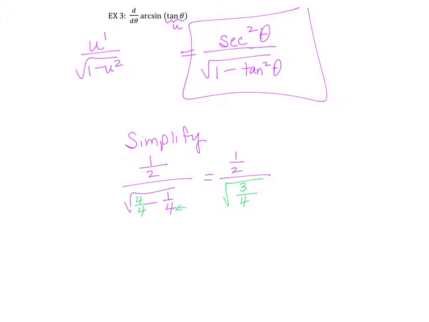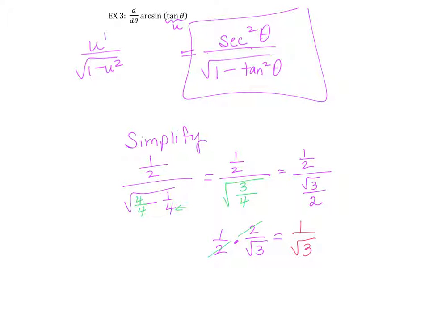Remember when you take the square root, you take the square root of the top and bottom. So I could take that square root on the bottom and write it like that. And if I did that, of course, then I would have 1/2 times the reciprocal, 2 over square root of 3. The 2's would cancel, and I would get 1 over square root of 3.